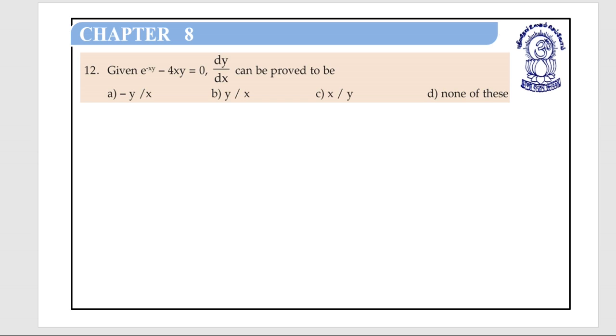Question number 12. Given e raised to minus xy minus 4xy is equal to 0. dy by dx can be proved to be? e raised to minus xy minus 4xy is equal to 0.